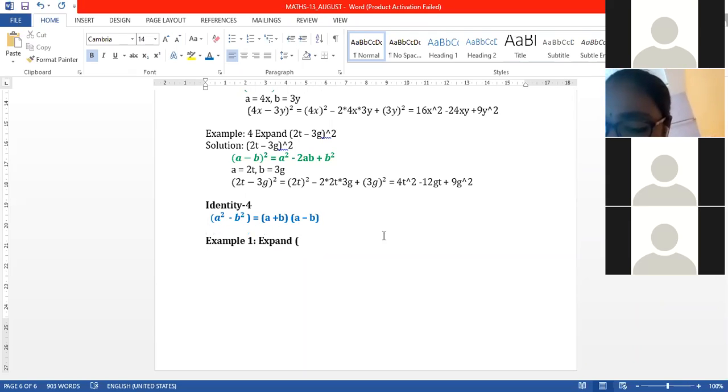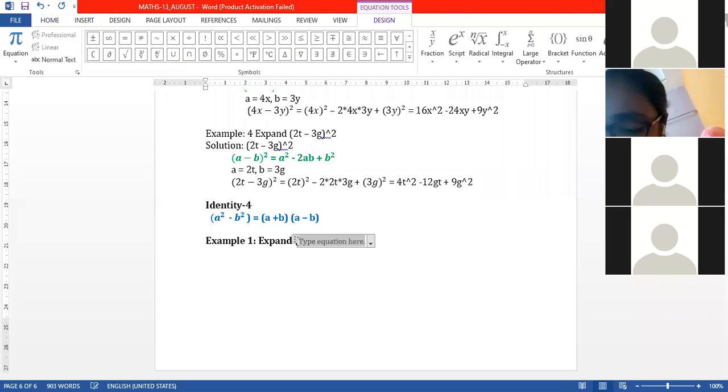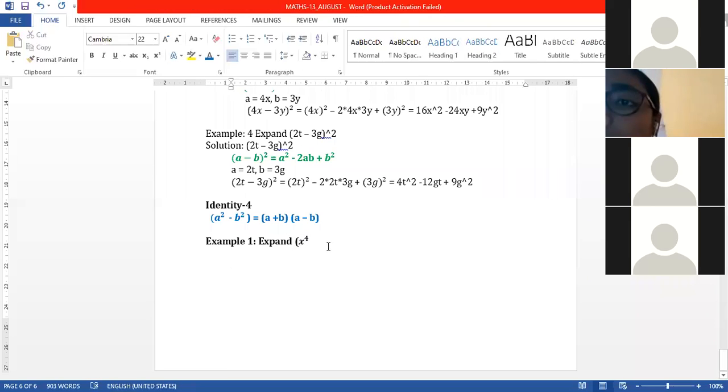Expand x power 4 minus 16. Note down this question, everyone.